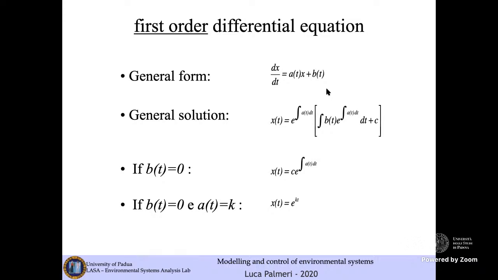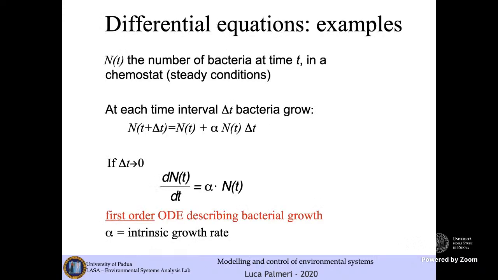And we may have particular cases, just to start looking at what this function looks like. If b(t) is equal to 0, then x(t) is equal to the integral of a(t). And if b(t) is equal to 0 and a(t) is constant, we end up with the very customary, well-known exponential function that is the classical solution of this differential equation.